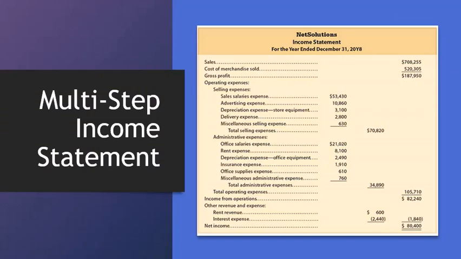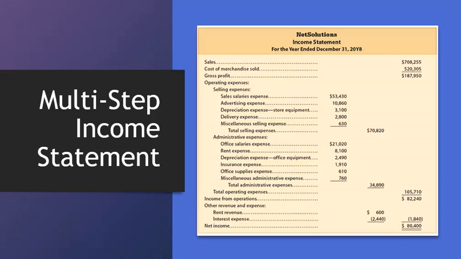Okay. This week, we also learn how to prepare a multiple step income statement. Essentially, we have two types of income statements. We have a single step and a multiple step. The single step approach puts total revenues together, total expenses together, and says total revenues minus total expenses equals net income.